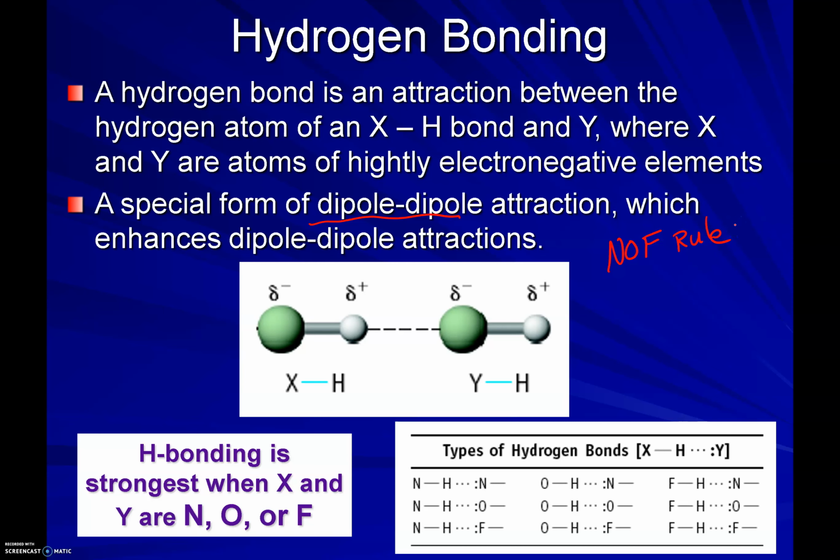So in order to identify whether you have hydrogen bonding or not, the first thing you're going to do is make sure, number one, you have a dipole-dipole interaction. If you have anything else, it can't be hydrogen bonding. The next thing to identify is you're going to look on the molecule. You're going to have some atomic center X chemically bonded to hydrogen that has some sort of intermolecular force to Y, which has a lone pair.